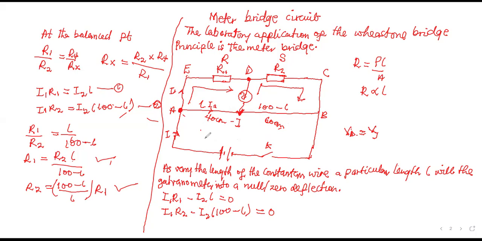Then, if a resistance of 12 ohm is connected in parallel to S, this is another resistor, and we are told that the balance point this time is 50 centimeters. Determine the value of R and S.